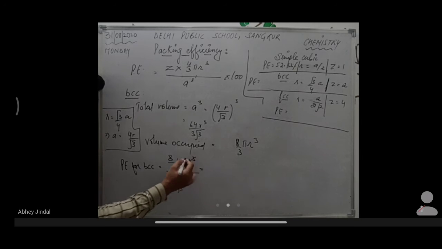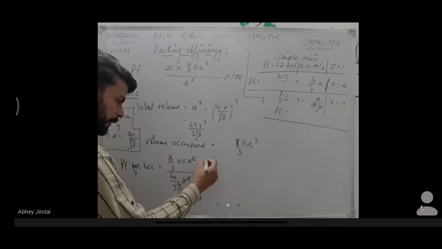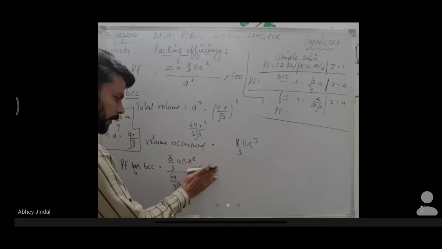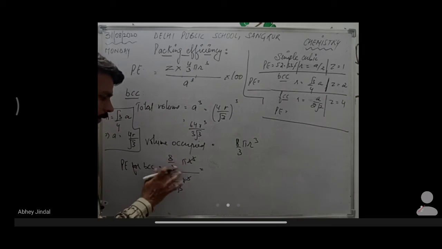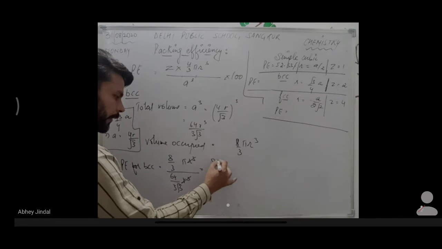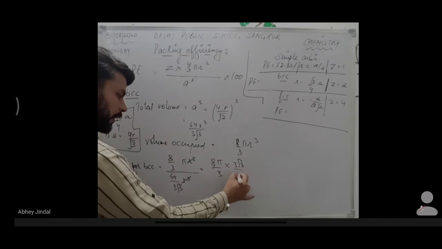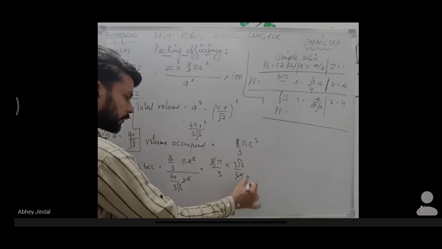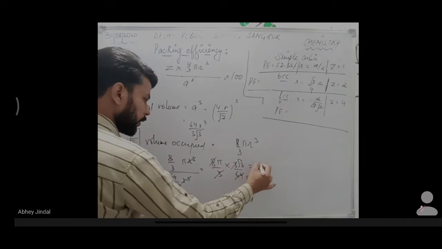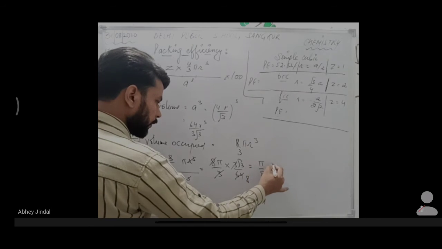So r cube cancels. We will take it in multiplication form. Then what will be formed? 8 by 3 pi r cube only. 8 pi by 3 into 3 square root 3 by 64. 8 8s are 64, 3 cancels. So pi by 8 root 3.